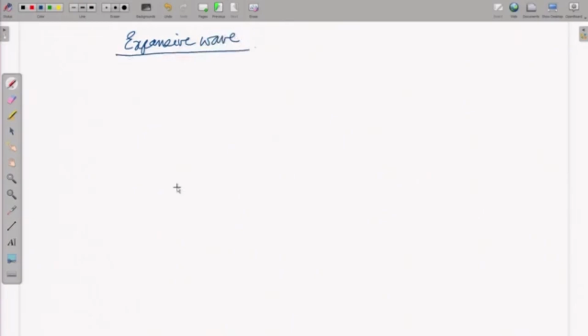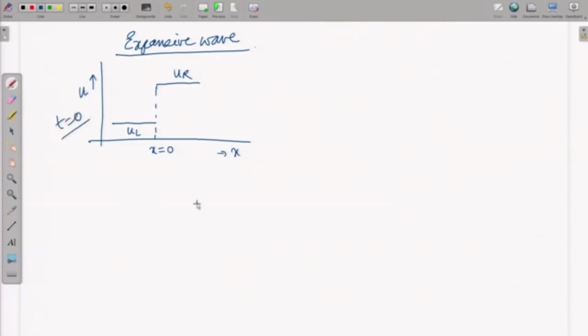In an expansive wave, let us try to first define the problem. So, you have a left state, you have a right state. Let us say this is x equal to 0, and this is essentially the u versus x at t equal to 0. This is the initial condition.